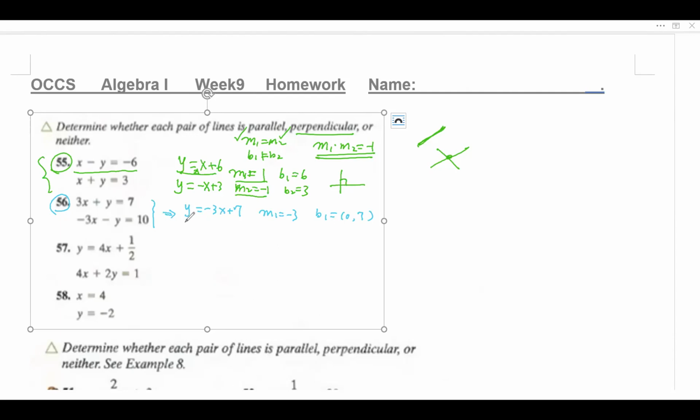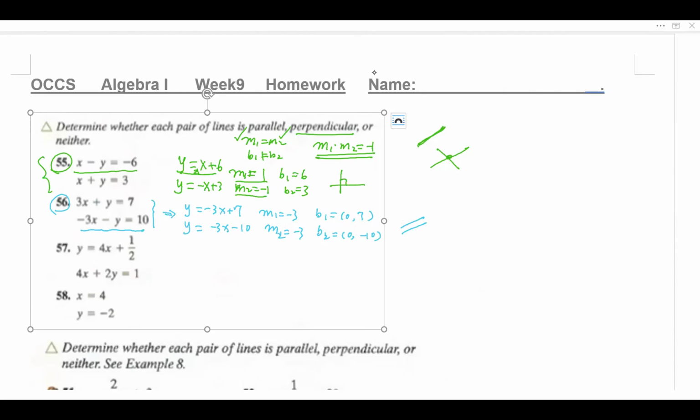The second one, y equals -3x minus 10. Can you guys do the proper transform into this? The slope is -3 and the y-intercept is (0, -10). So you can see the slopes are the same and the y-intercepts are different, so they are parallel to each other, right?